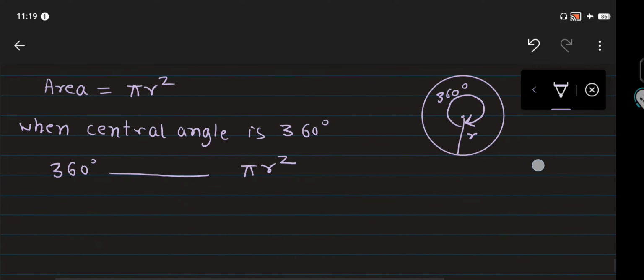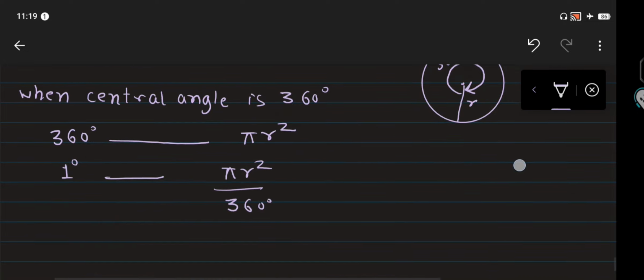So if you want to find the area for just 1 degree, it will be pi r square divided by 360 degrees. We are following the unitary method. So for our sector we have a central angle theta.